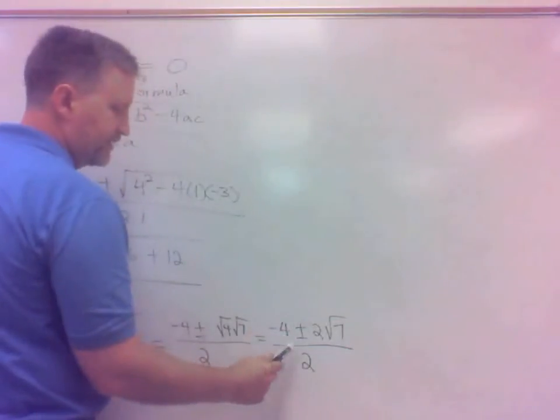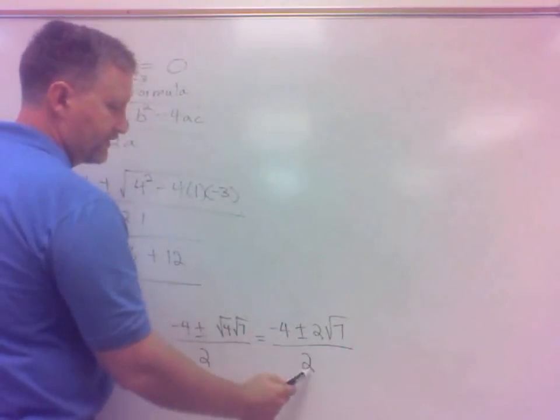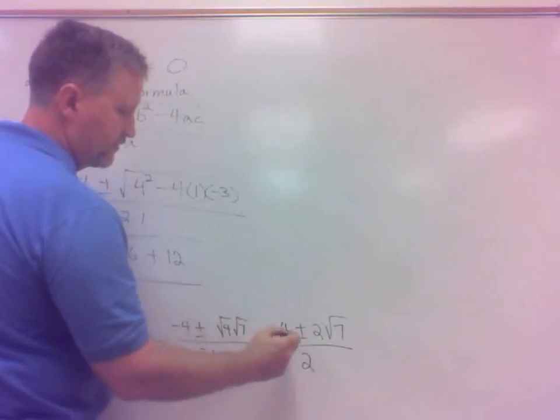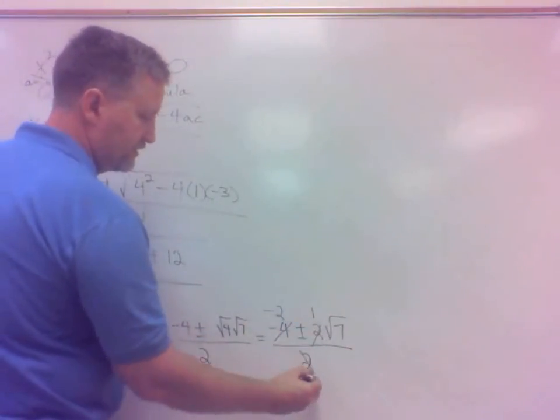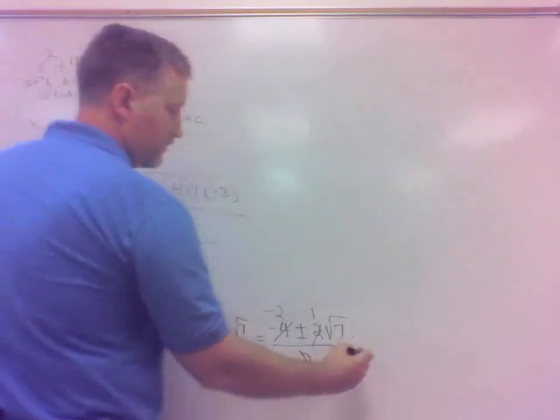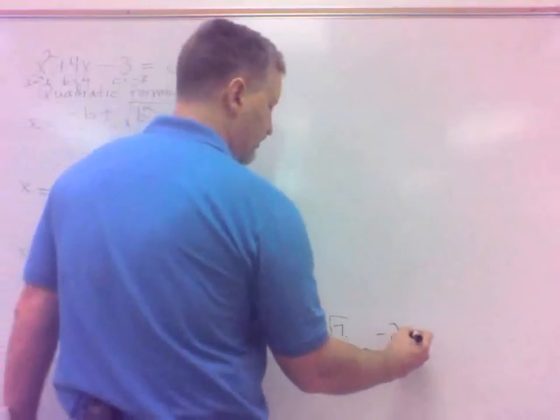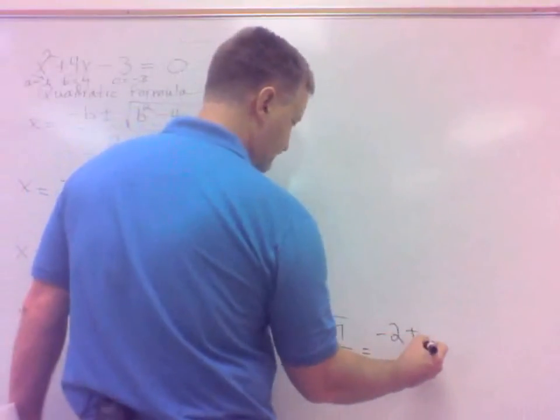Now, I've got things here that I can reduce by 2, everything but the square root. Reduce those by 2, so it'll be negative 2, reduce that by 2, you get 1, reduce that by 2, you get 1, and so you wind up with negative 2 plus or minus 1 square root of 7.